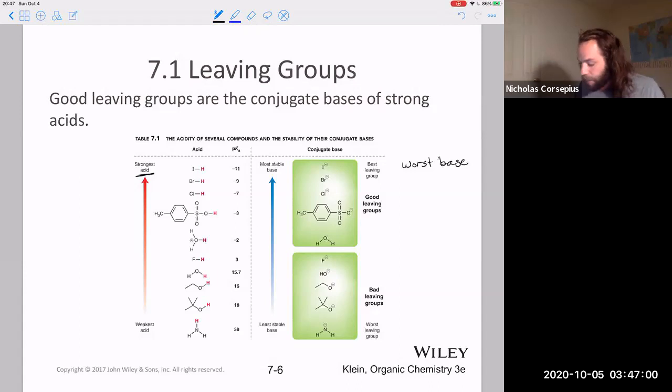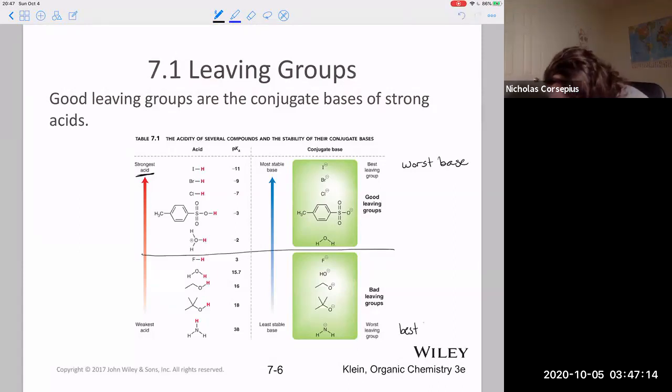And then likewise, things that won't be good leaving groups are things that are strong bases, right? So our cutoff is kind of around here. So these are our best bases. Notice how fluorine doesn't make the cut, even though it's a halogen. So in this chapter, we're talking about alkyl halides, and we're specifically going to leave off alkyl fluorides.